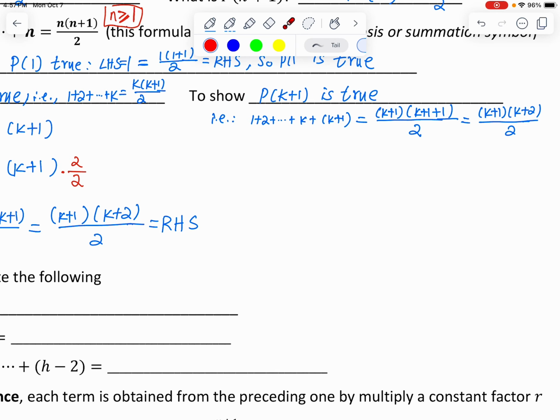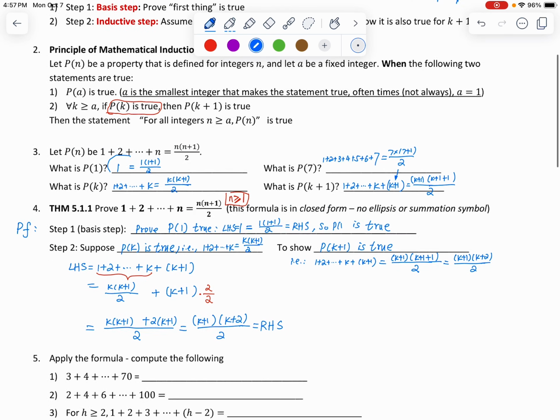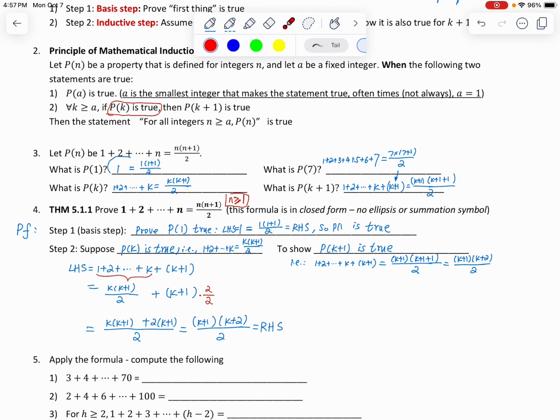So in other words, according to mathematical induction, we showed P of 1 is true, and in step 2, we showed that if P(k) is true, then P(k plus 1) is also true. So we have achieved both statements. Therefore, we can make a conclusion.